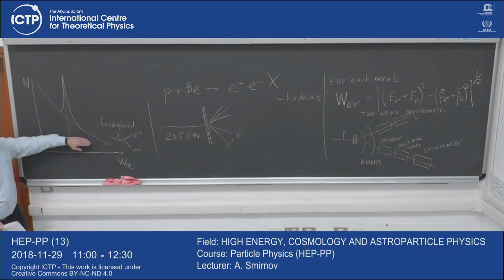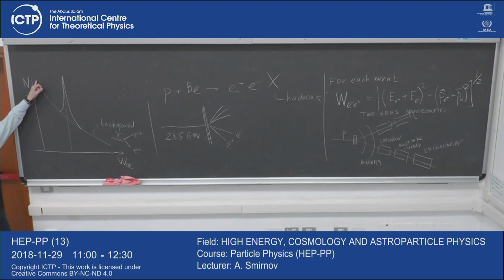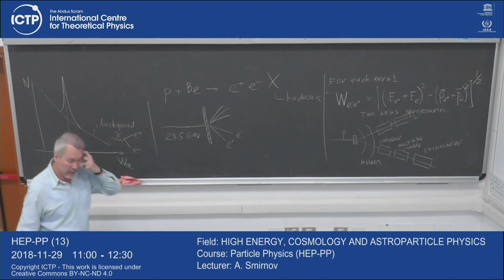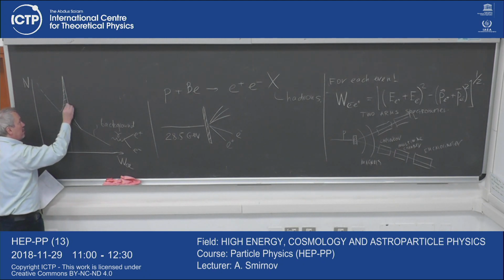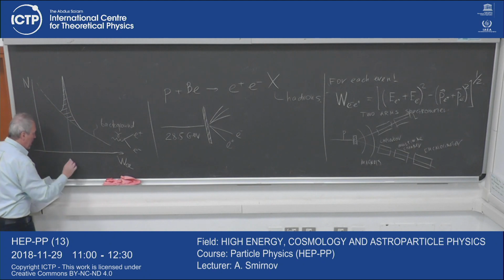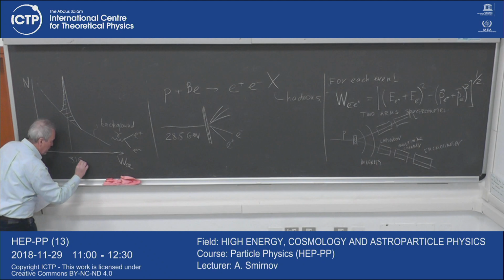And that has typical dependence with increase of number of events to smaller W, and this just reflects the propagator of the photon. It's like 1/q squared, and therefore that leads to the background, which increases to smaller W. Okay? But on top of the background, he observed the peak. And the peak was at invariant mass 3.1 GeV.